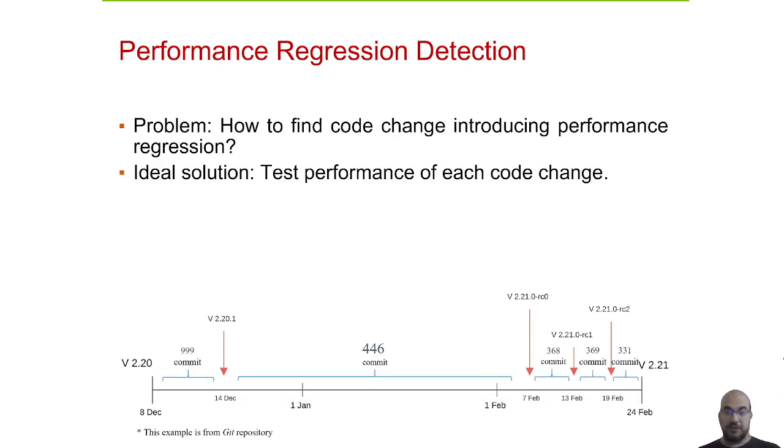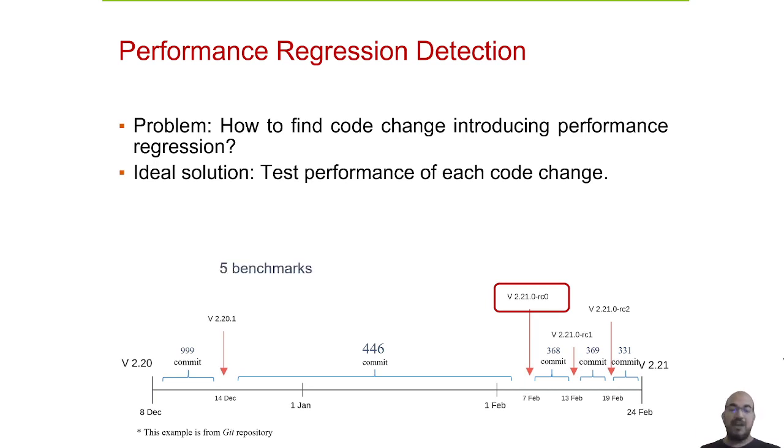Between 2.20 and 2.21, we have experienced 446 commits. So optimally speaking, we need to test every single code change of these commits.